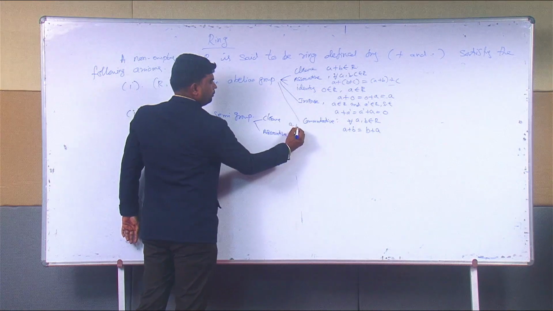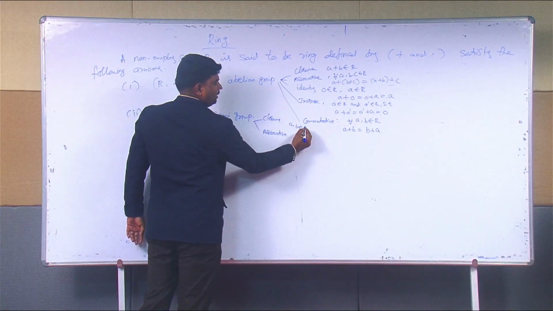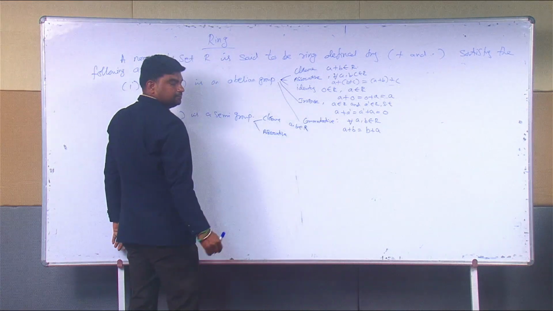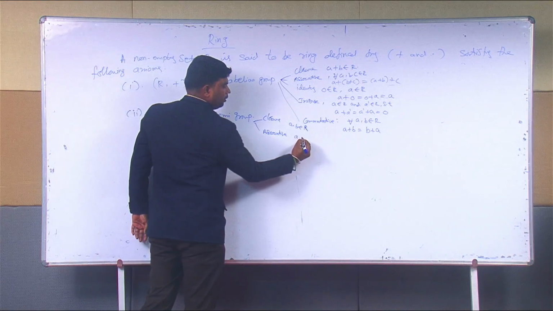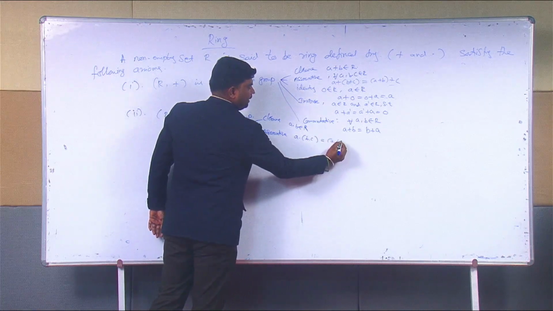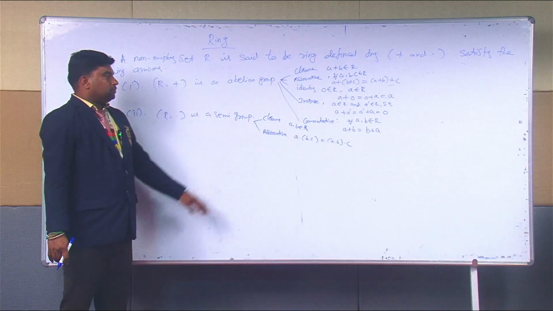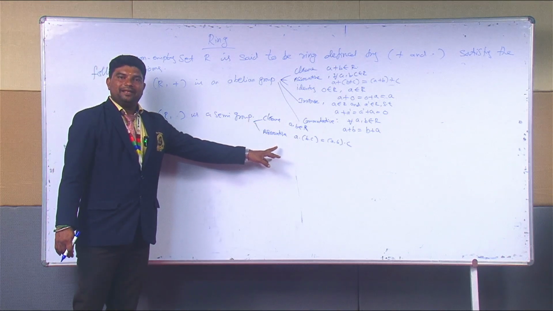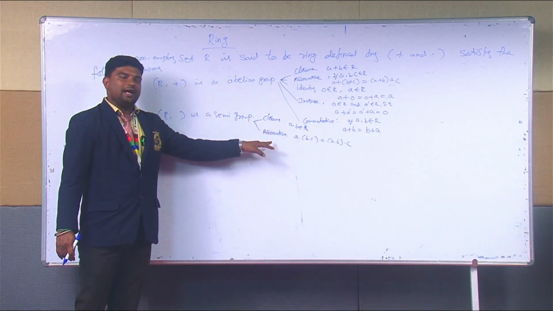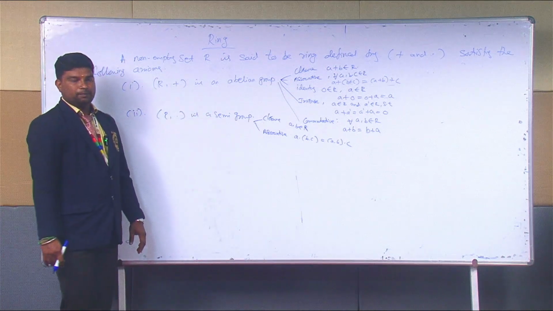Closure means a dot b belongs to R under multiplication. And associative means a dot b dot c equals a dot b dot c with the grouping changed. When these 2 axioms are satisfied, then R comma dot is called a semigroup.